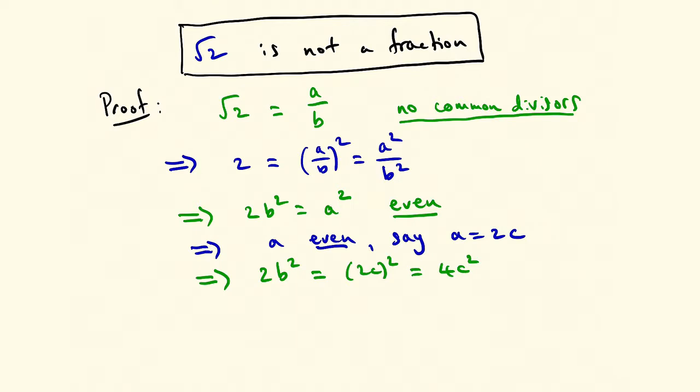Okay, so now we divide both sides by 2, and we conclude that b squared is 2c squared. So b squared is 2 times something, which is even. And as before, if the square of a counting number is even, the number must be even, so therefore b is even.